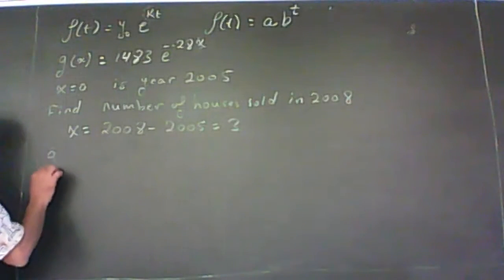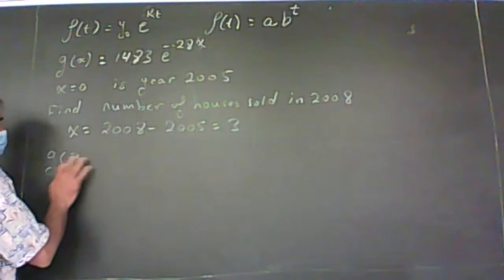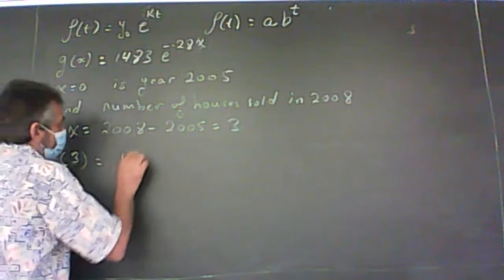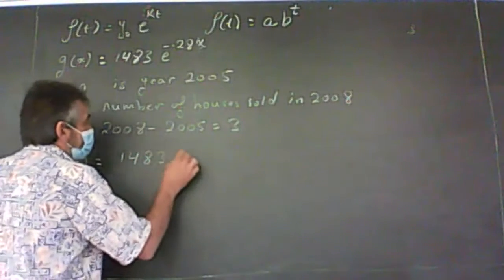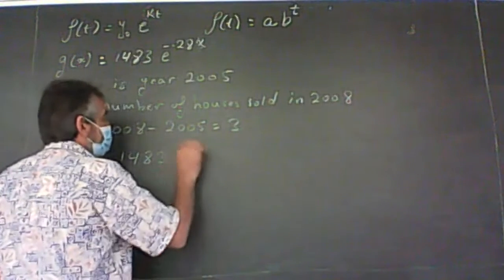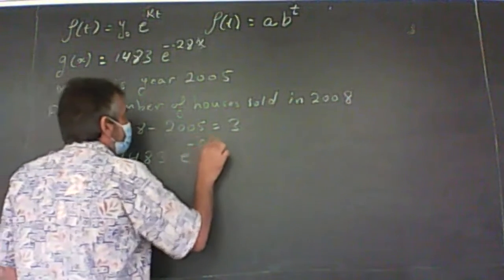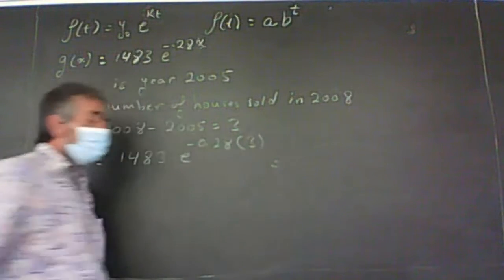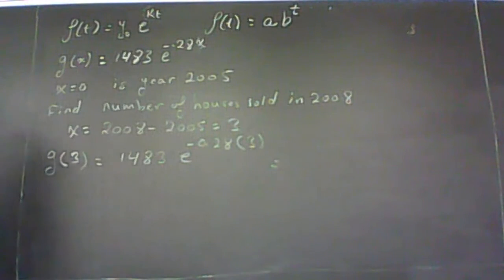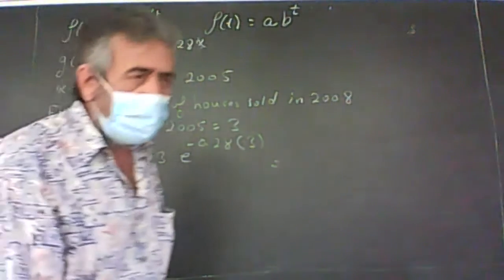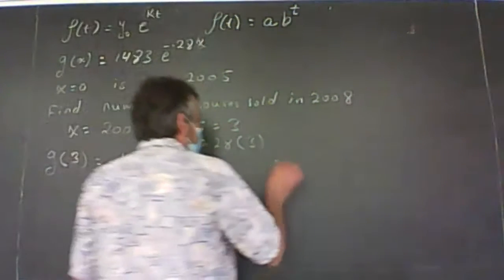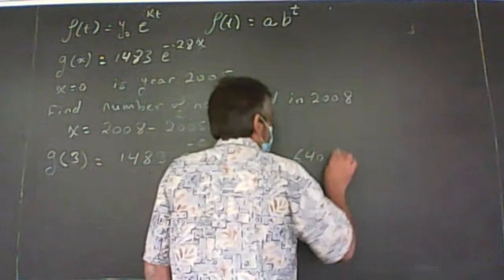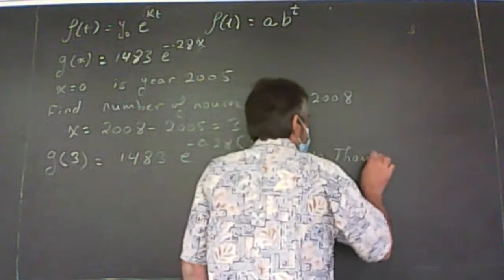So G of 3 equals 1483 e to the negative 0.28 times 3. And if we calculate that number, I think it approximately comes out to be 640,000.